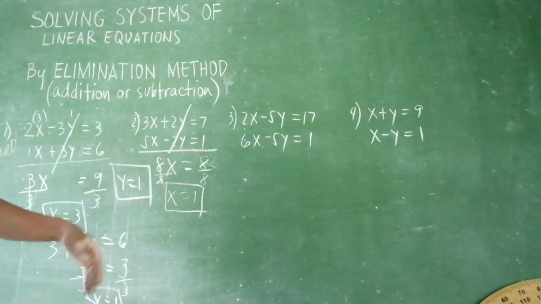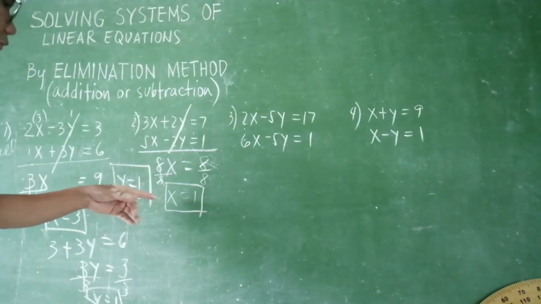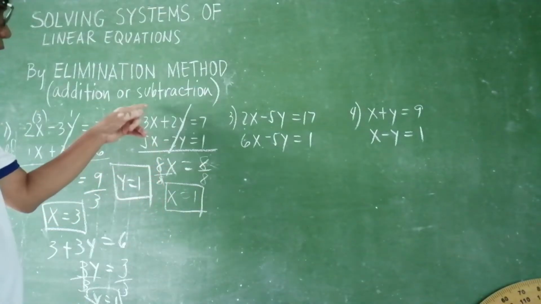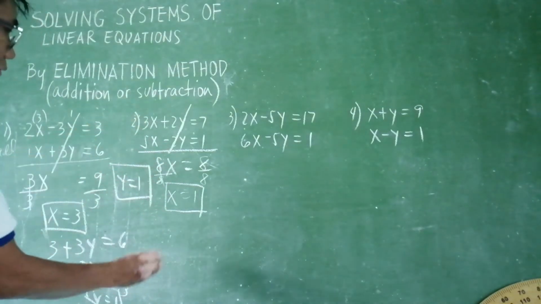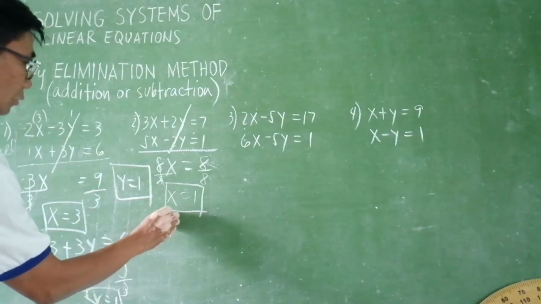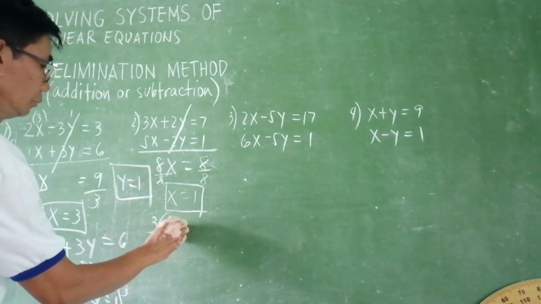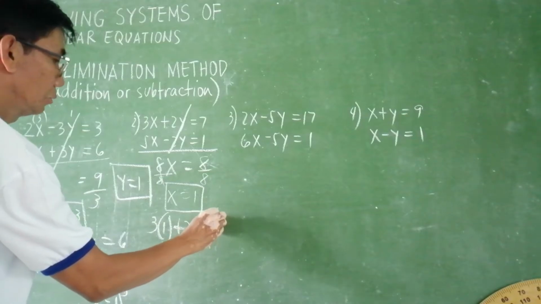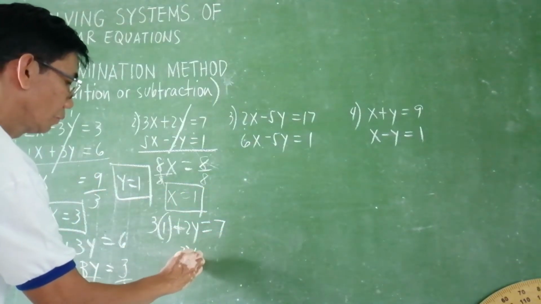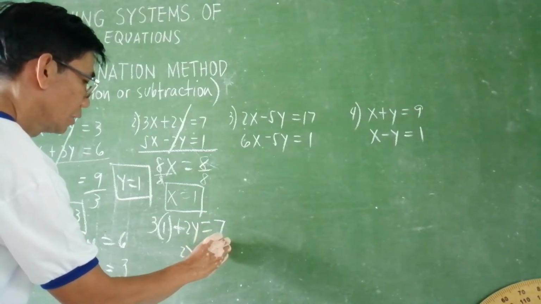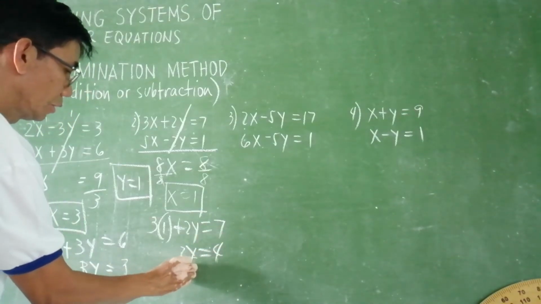Getting one value of a variable, you may substitute this in any of the two equations. Supposing we use here, so that will be 3 times 1 plus 2y equals 7. So 3 transpose, so that 2y will be equal to 7 minus 3 is 4, divided by 2.